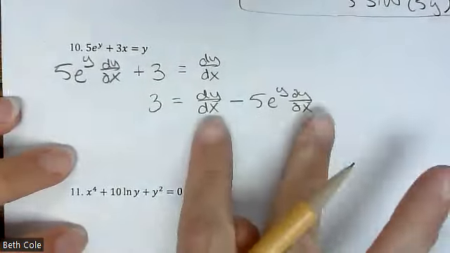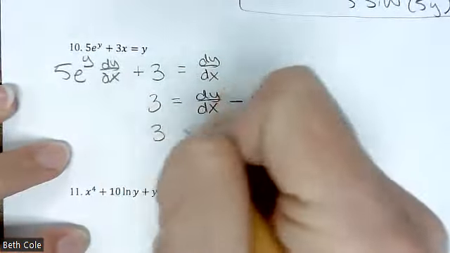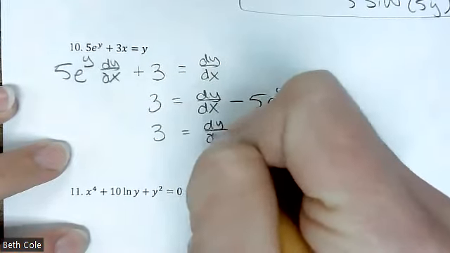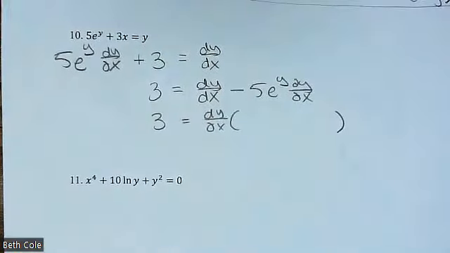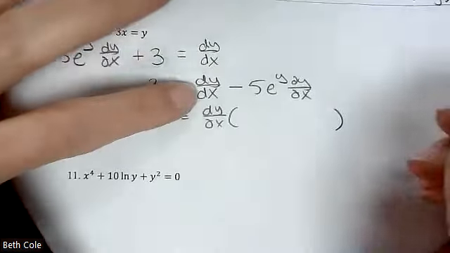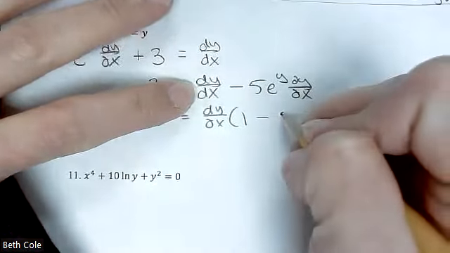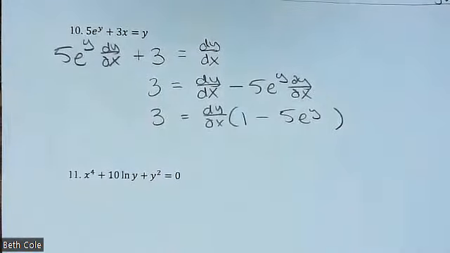And then when there's 2 of them, you have to factor. So you're going to factor out its GCF because they both have it. And then that's extra tricky. What would you be left with when you factor that out? Good. 1 minus 5e to the y. Perfect.